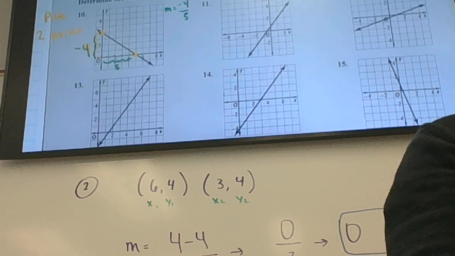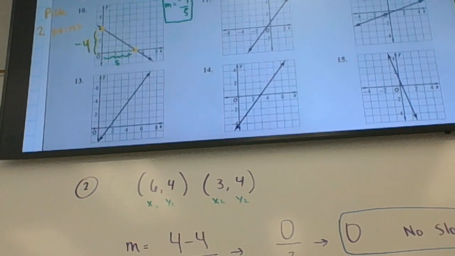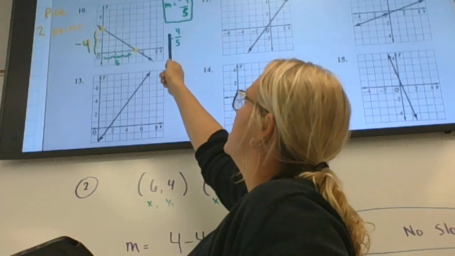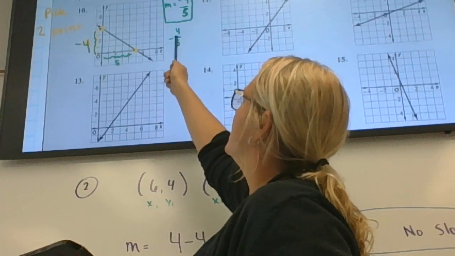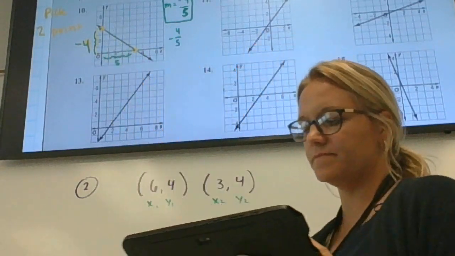So when I show my slope, I use m for slope. You can either put that negative sign with the 4, or if you line it up perfectly with the fraction bar, that's okay too. A fraction with the negative perfectly lined up here is just like having it at the top. Those are equivalent.